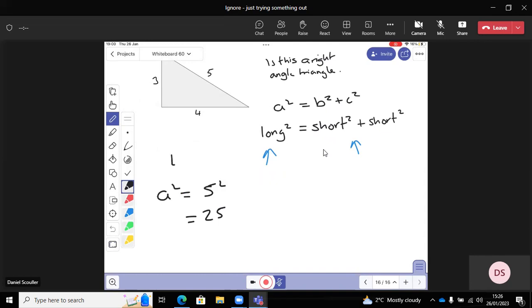Okay, so the left hand side. The right hand side is b squared plus c squared. If we were to write that out fully, 3 squared plus 4 squared, which is 9 plus 16.